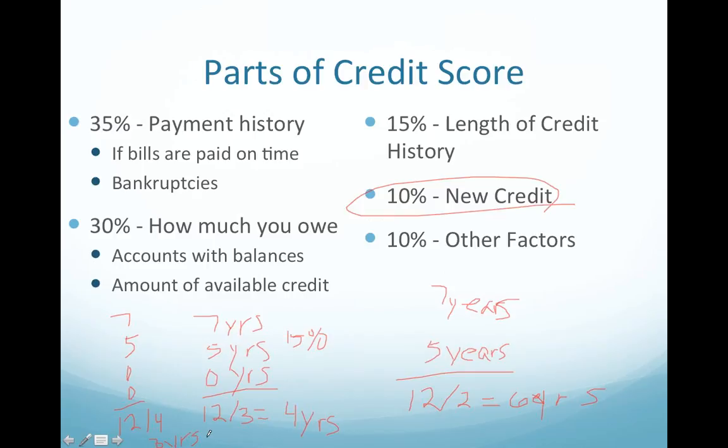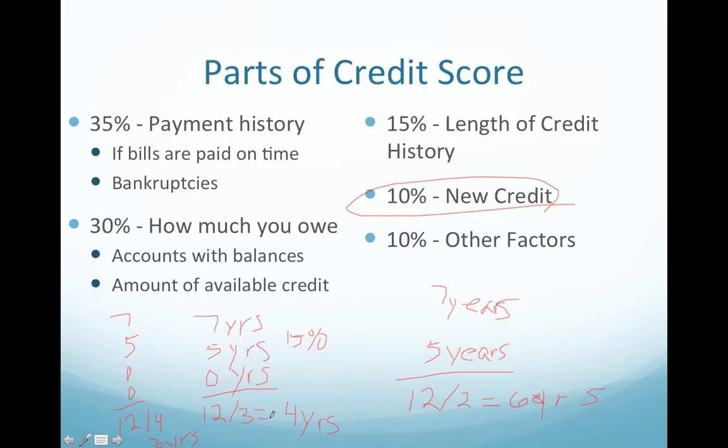And then also what that's telling them is that you're out there borrowing a lot, so maybe you're not going to be that responsible. Maybe you'll go out and get yourself over debted. So that's the way they look at the length of your credit history. And then you're going to get slammed again for the 10% for the new credit.